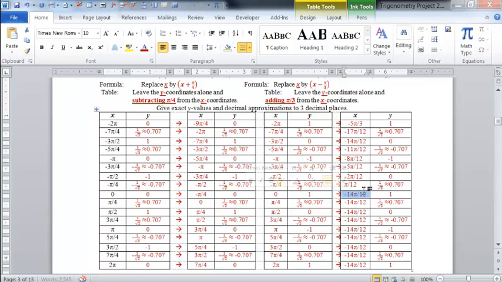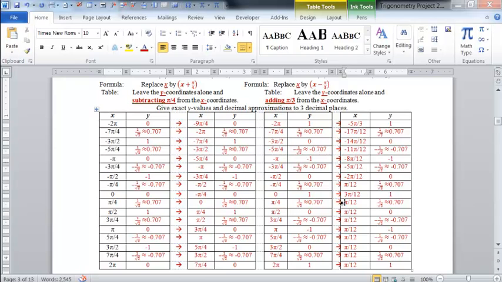Now we're just adding 3 pi to the numerator.